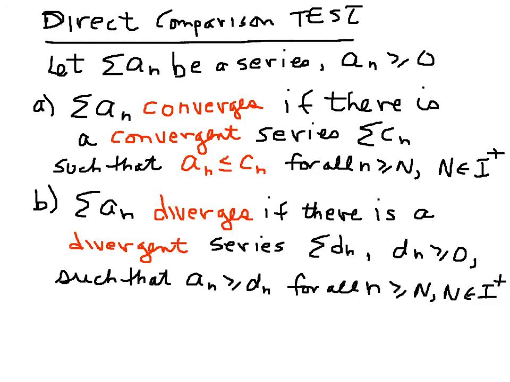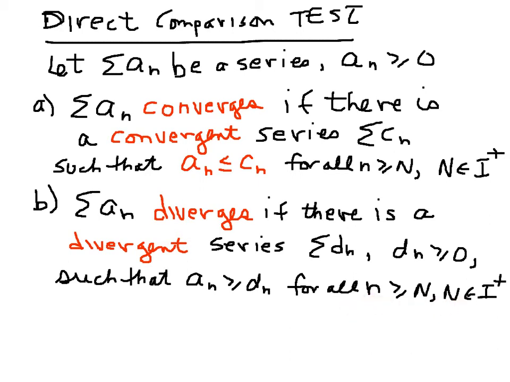And similarly, we can use the comparison test to show that a series diverges. And a series will diverge if we can find a divergent series, all these terms are greater than or equal to 0, such that a sub n is greater than or equal to d sub n for some cutoff point. In other words, for all values after some cutoff point.